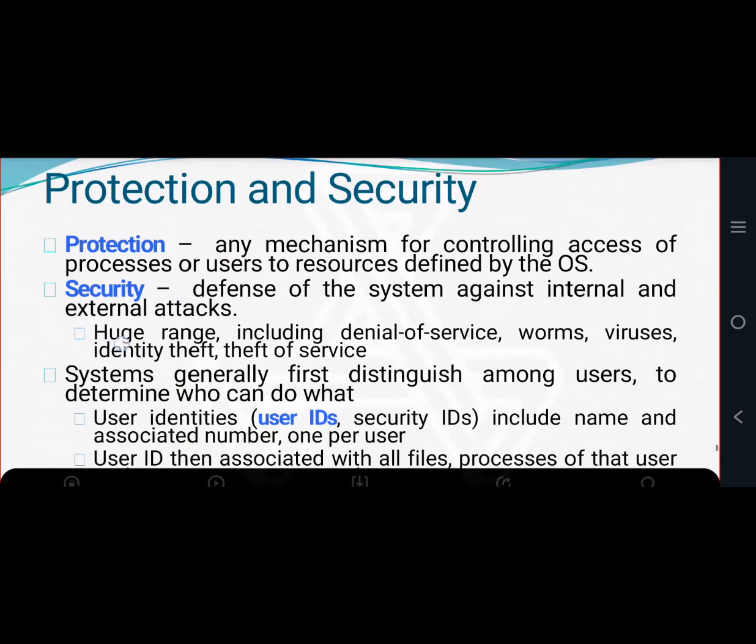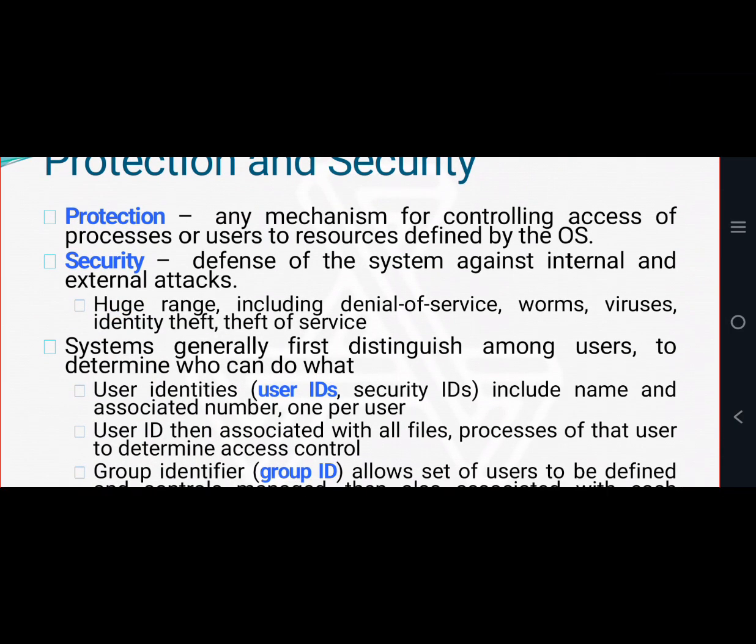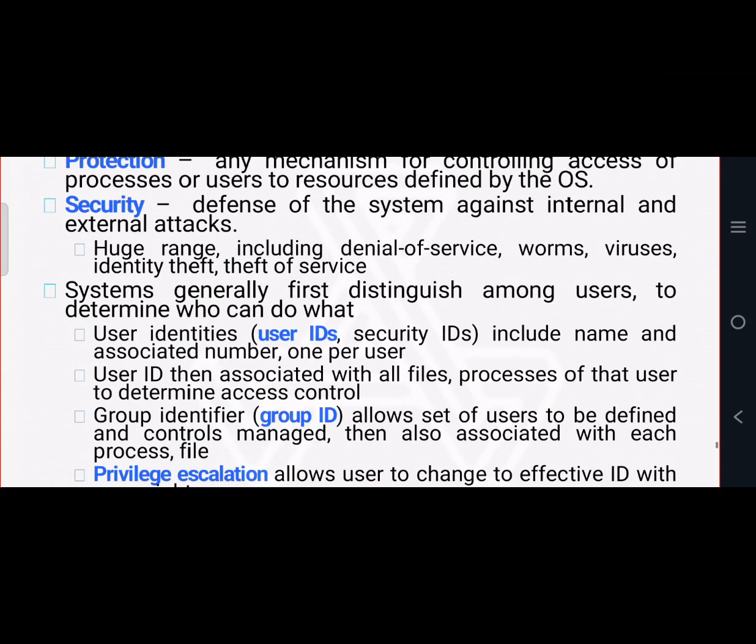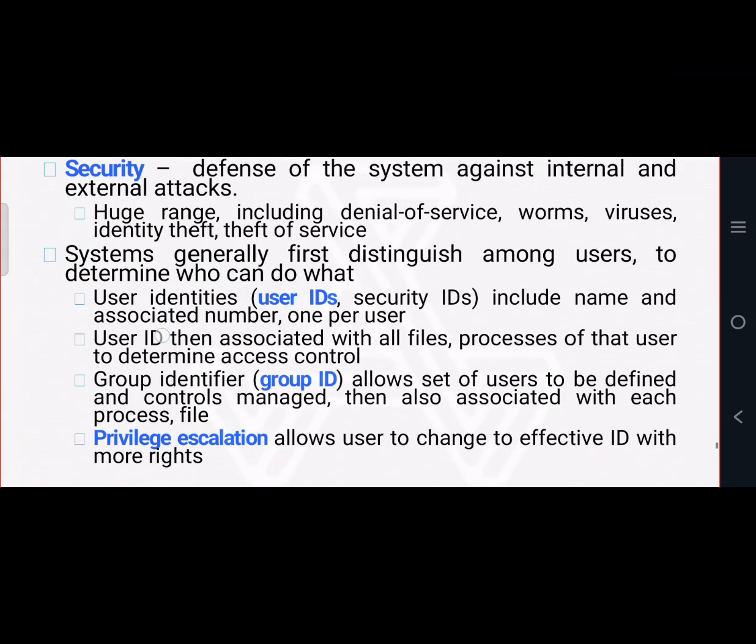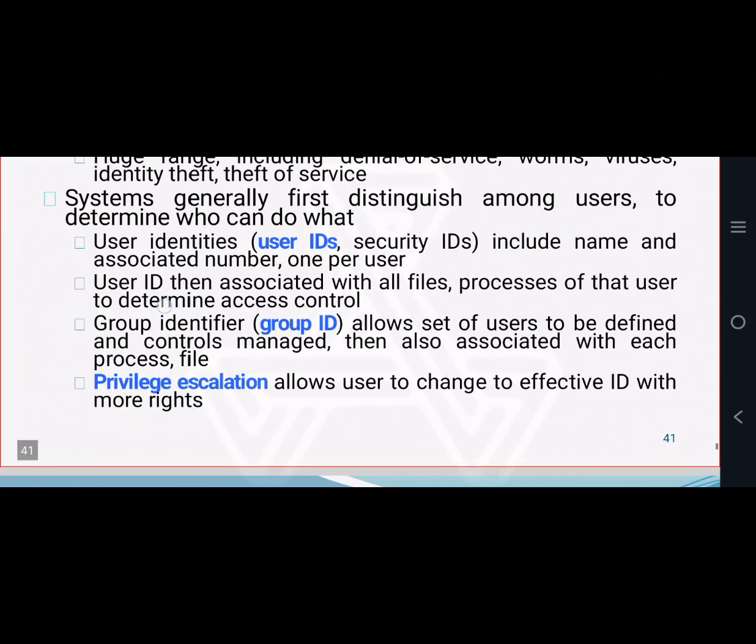Protection and security. Protection is any mechanism for controlling access of processes or users to resources defined by the OS. Security is defense of the system against internal or external attacks. There is a huge range, including denial of service, worms, viruses, identity theft, and theft of service. Systems generally first distinguish among users to determine who can do what.